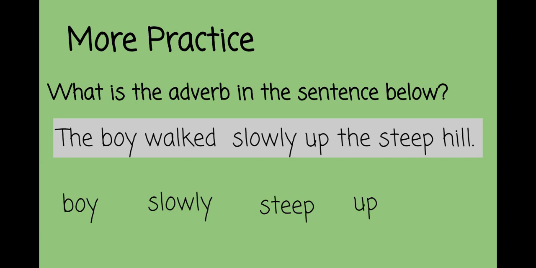The boy walked slowly up the steep hill. First of all, I'm going to look for the verb in that sentence. That might help me. So what's the verb in this sentence? If you said walked, you are correct. That is an action word. So think about this. How did the boy walk? He walked slowly. So slowly is describing the verb, how he did that action. Slowly would be my adverb in this sentence.